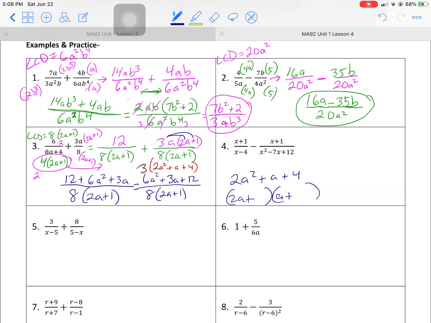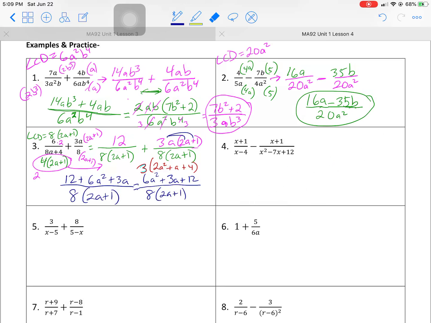The 4 would be a 1 and a 4, or a 4 and a 1, or a 2 and a 2. If I put a 2 and a 2, that's going to make 4 and 2, that makes 6. That's not going to work. If you make a 4 and a 1, that's going to make 6, and that's not going to work. If you make a 1 and a 4, that's going to make 9. It doesn't factor. So that one does not factor.